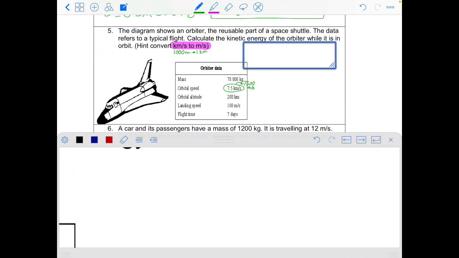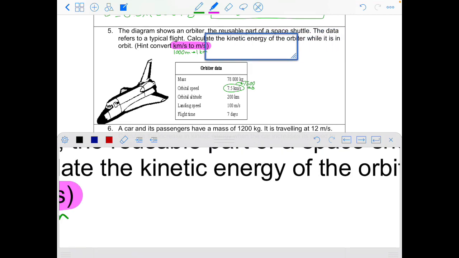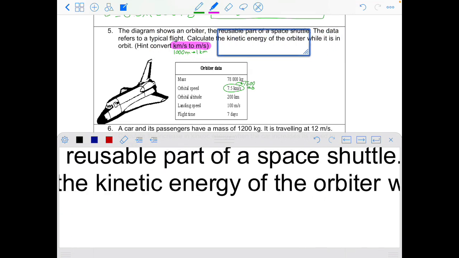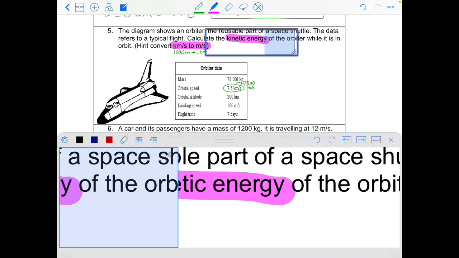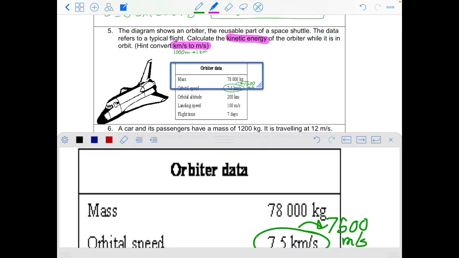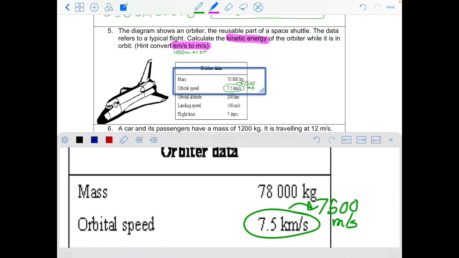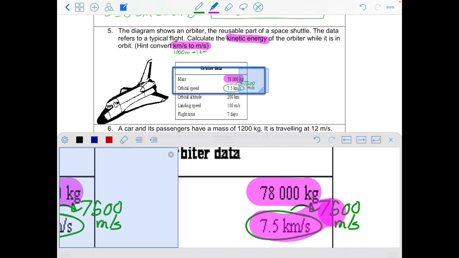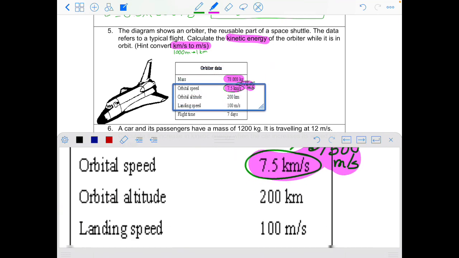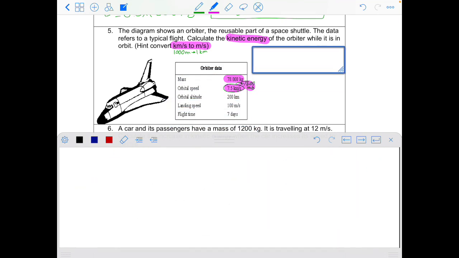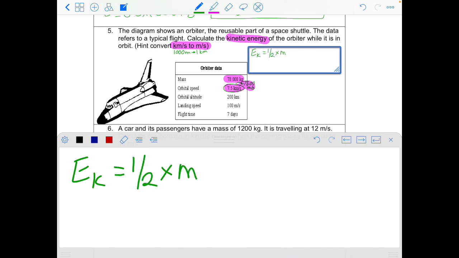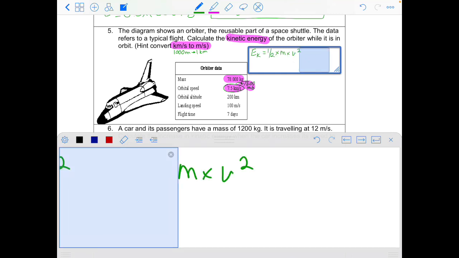So, as any other one, we start by looking for what we have. So, calculate the kinetic energy. That's what we're looking for. While it is in orbit, so we have our mass, we have our orbital speed, or the speed in orbit, and we don't need to know the other ones. So then, step 2, write down our equation. Our kinetic energy is equal to 1/2 times mass times velocity squared.